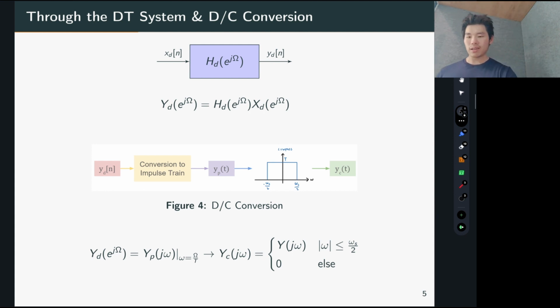So you convert it back, you get the Y_c(jω), and because you have a bunch of copies and you want to obtain just one of the originals, you run it through a low pass filter to sift out the copy at the center, and hence you get the continuous time signal.